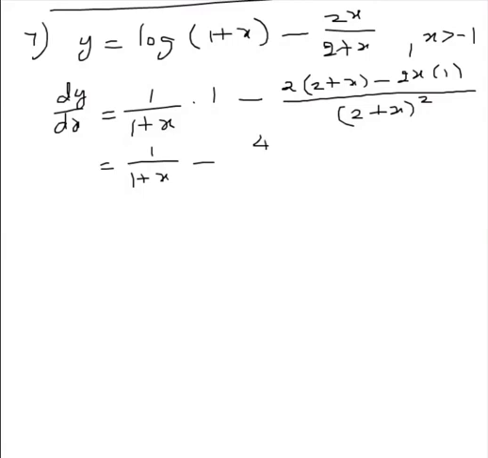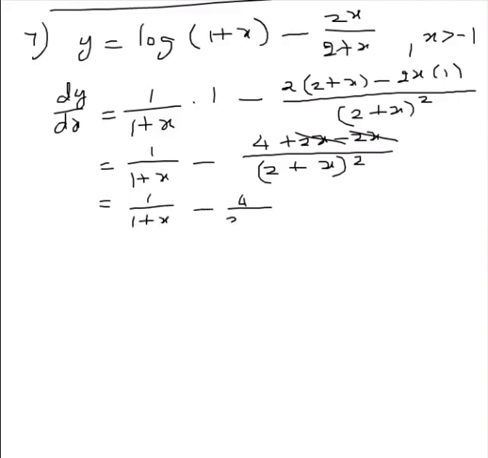I am opening the brackets. Which is equal to... you can take LCM or you can equate it to 0 also. So 1 by 1 plus x equal to 4 by 2 plus x the whole square.